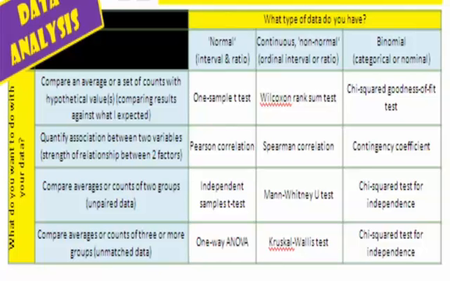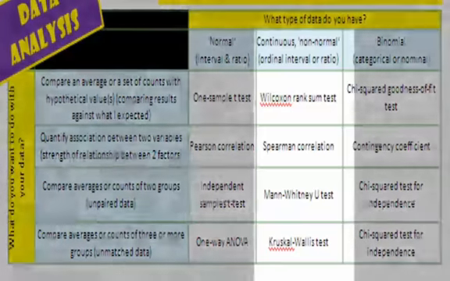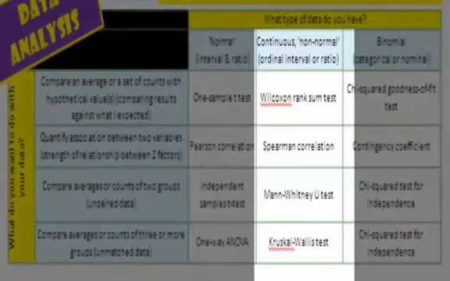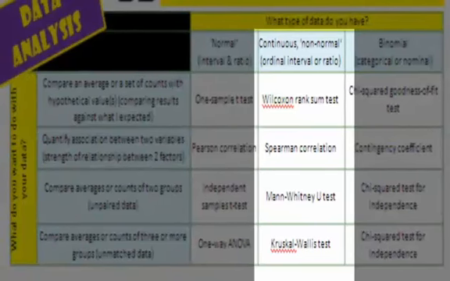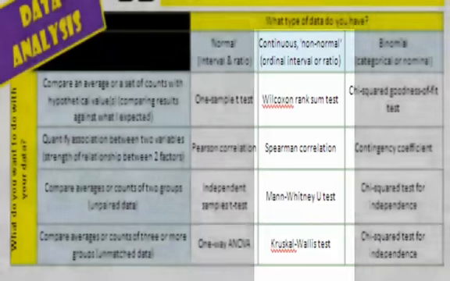If your data is not normally distributed, but it still has numbers, it might be age, or it might be blood pressure, for example, but it isn't normally distributed, then the middle column will give you an indication of which test you should conduct.